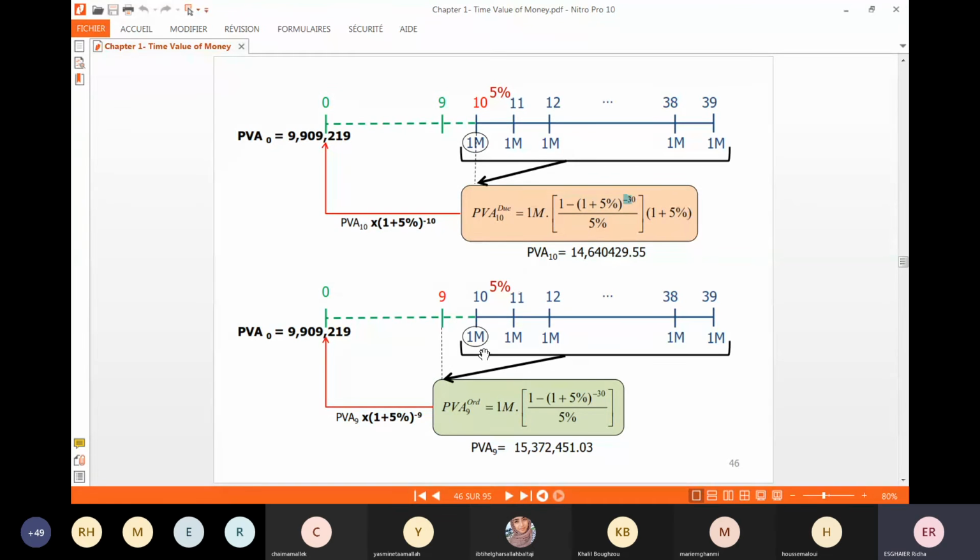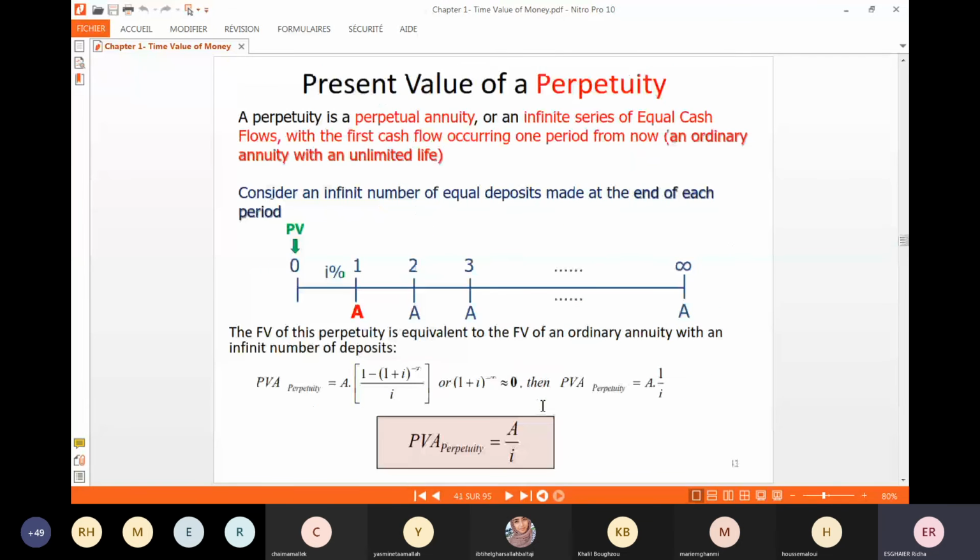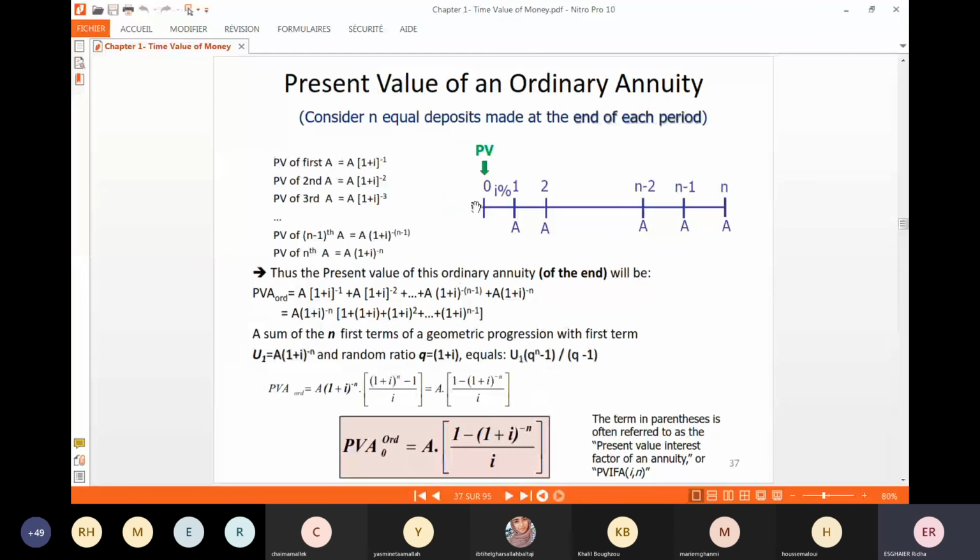So from the perspective of date 9, the present value of all these amounts is the present value of an ordinary annuity, because when the present value date is 1 period before the date of the first amount, you have to apply the formula of an ordinary annuity.